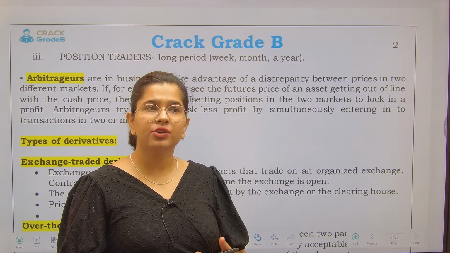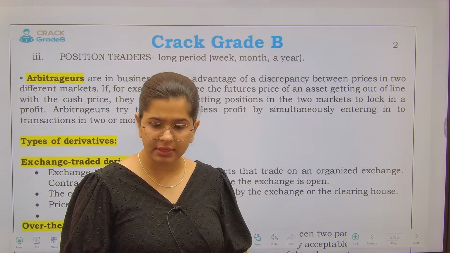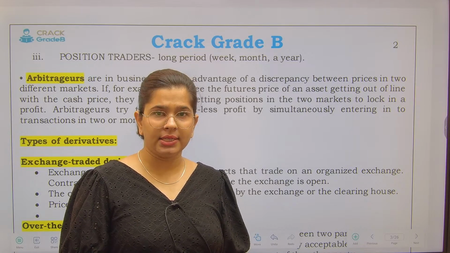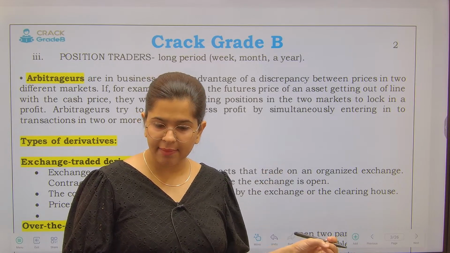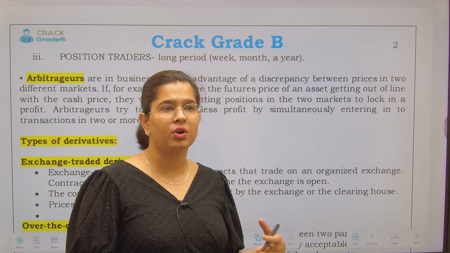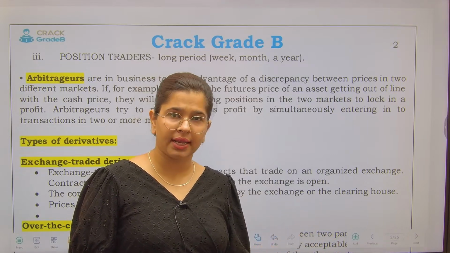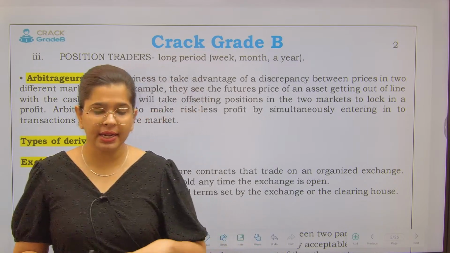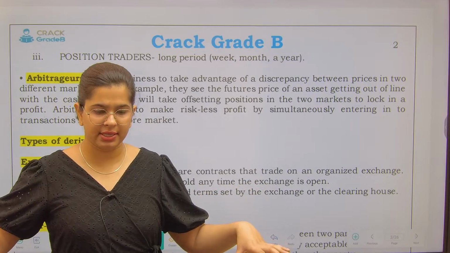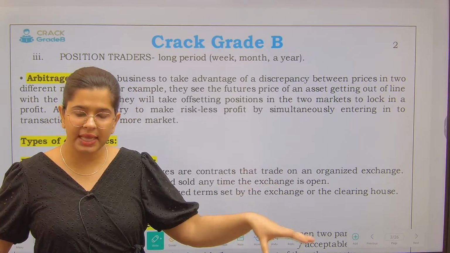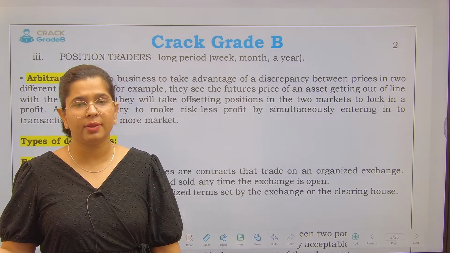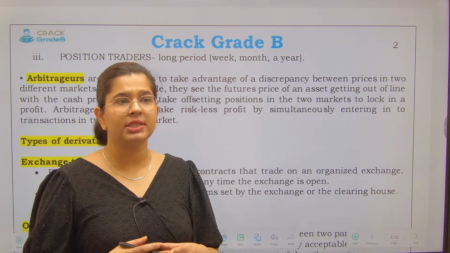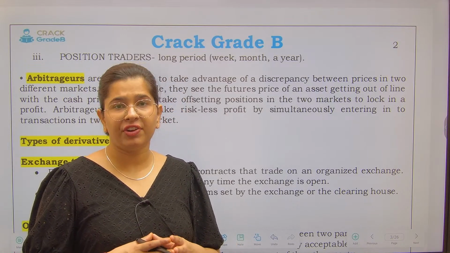So there is a trader, an arbitrageur. He will enter into a contract in the Indian market, as well as into a contract, let's say, in the UAE's market. ठीक है, वहाँ पे भी he will enter into a contract. So he is taking different positions in both markets. यहाँ पे he will take the position to sell, and in the other market he will take the position to buy. So this is how, by taking different positions, he is earning profit for himself.